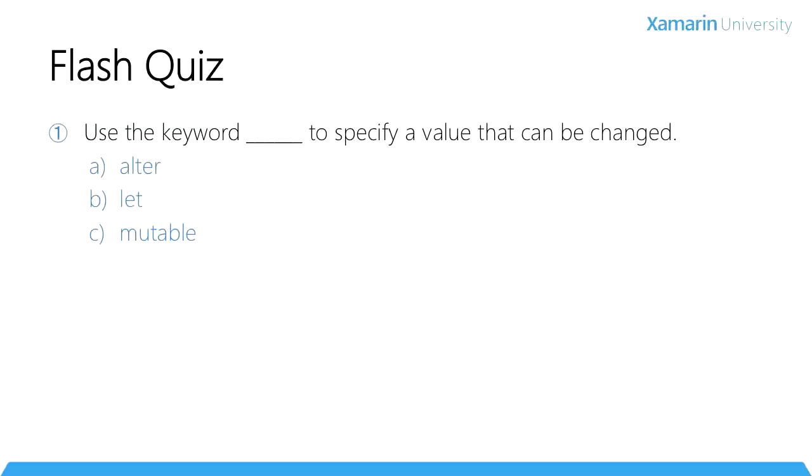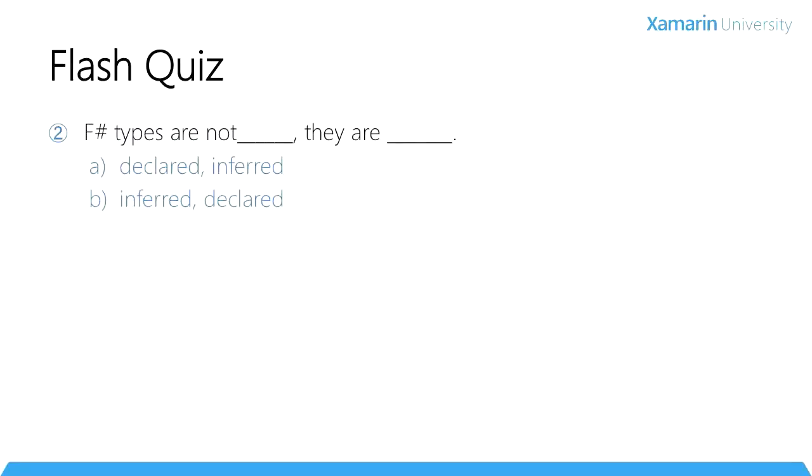Okay, question 1. You'd use which keyword to specify a value that can be changed? Is it alter, let, or mutable? And the answer is mutable. Question 2. F# types are not what, they are what.